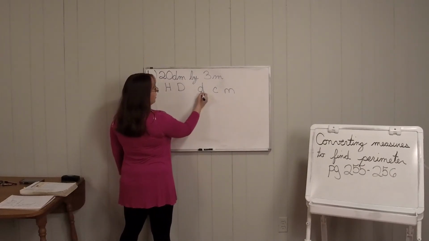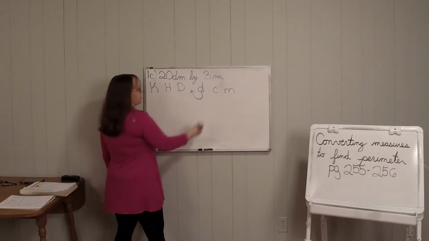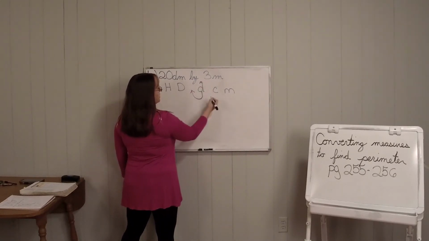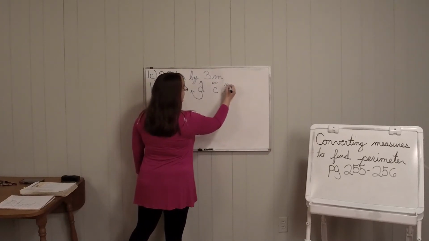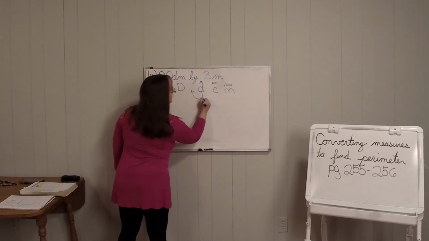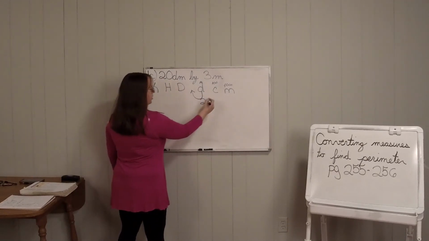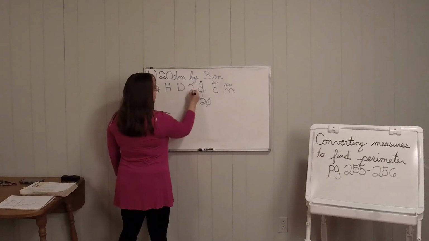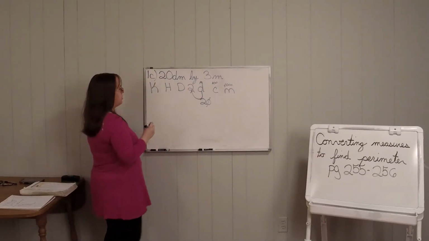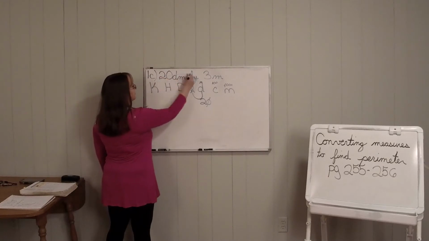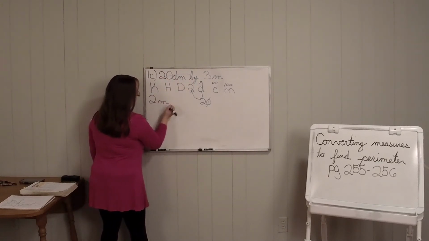So we're trying to go from here to the meters. If you remember, this one is 10, 100, and 1,000. Well, we have 20 decimeters. If it's going here, you're going to lose the 0, and it's going to become 2 meters. So 20 decimeters actually becomes 2 meters.